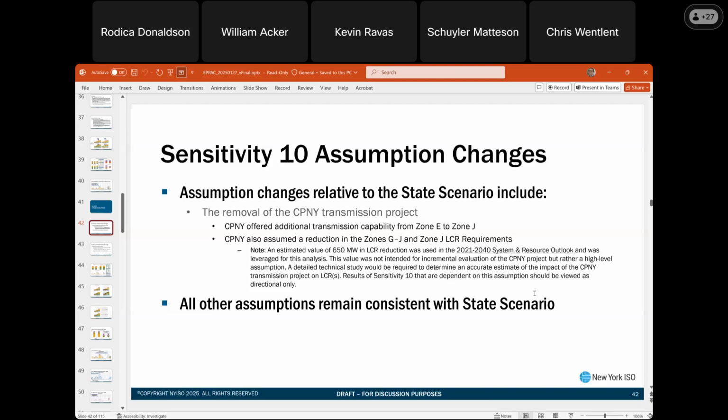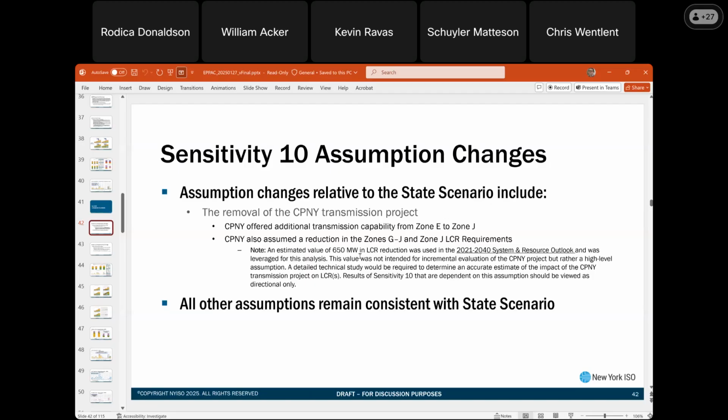It's really just a high level assumption and would have to get into more of a technical study to really evaluate the impact of CleanPath on LCRs. But just for everyone's awareness, the results of sensitivity 10 are dependent on this assumption. So this is a directional analysis.